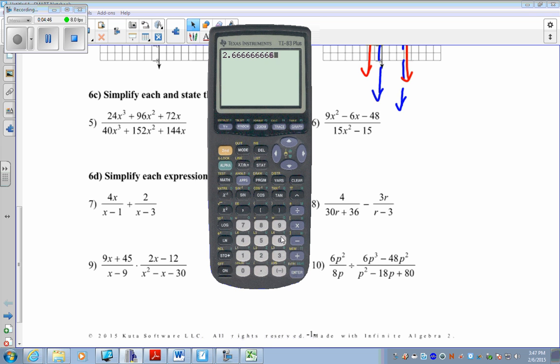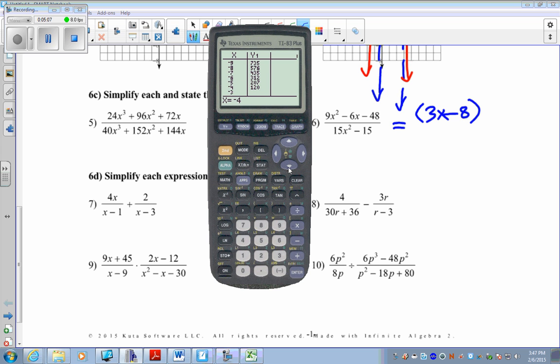A lot. I don't know. At least 1.5 lines worth. Math. Frac. 8/3. So this numerator is 3x minus 8 as a factor. Back to the graph. I think I'll be able to find the other one here. There it is at -2. So that's x plus 2.